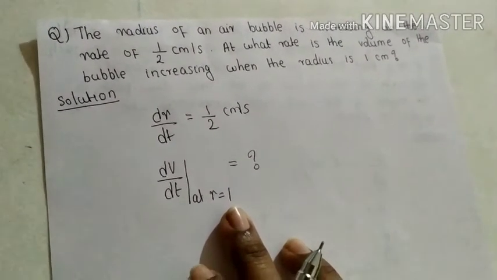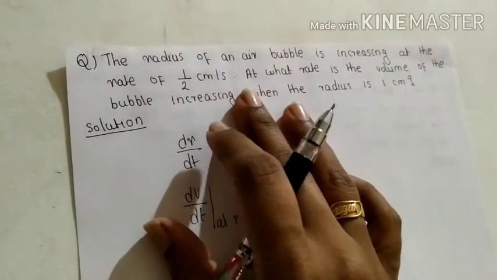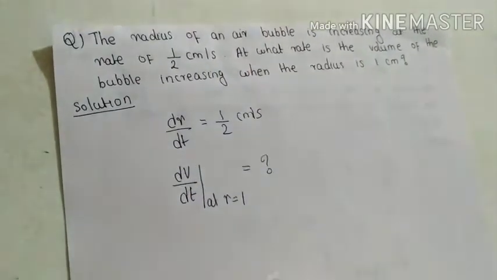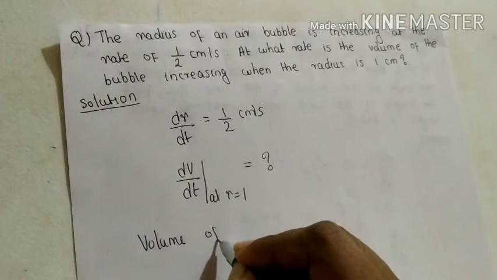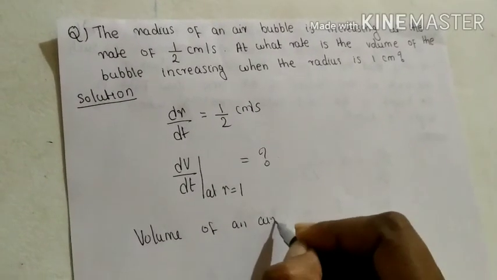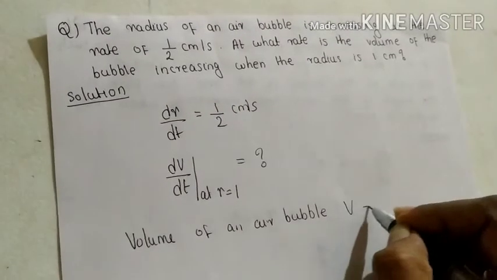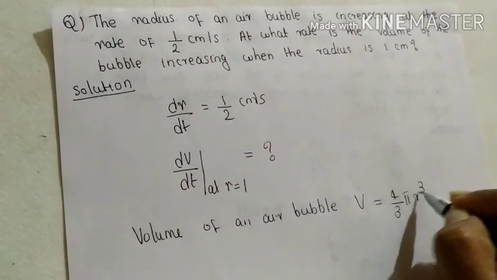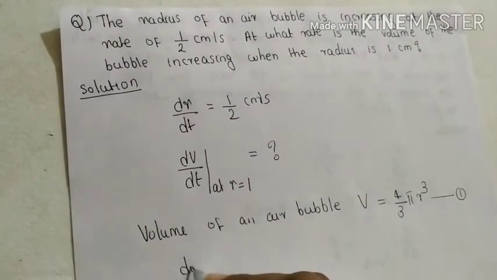Okay, we know that the air bubble is in the shape of a sphere, right? So the volume of an air bubble V is equal to 4/3 πr³. Okay, let's name it as equation number 1.